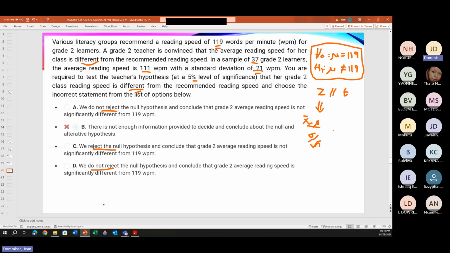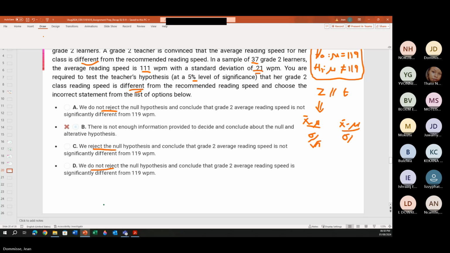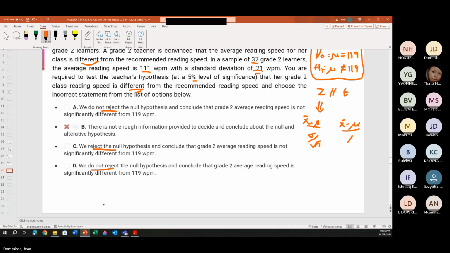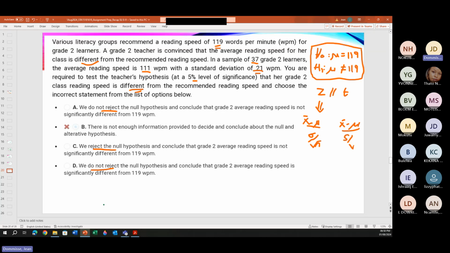If it is T, it looks exactly the same. The only difference is that the standard deviation is a sample one, so it needs to be an S. The rest of the information is exactly the same. What we work out doesn't matter; it is how you use that to go to your Z table or T table.